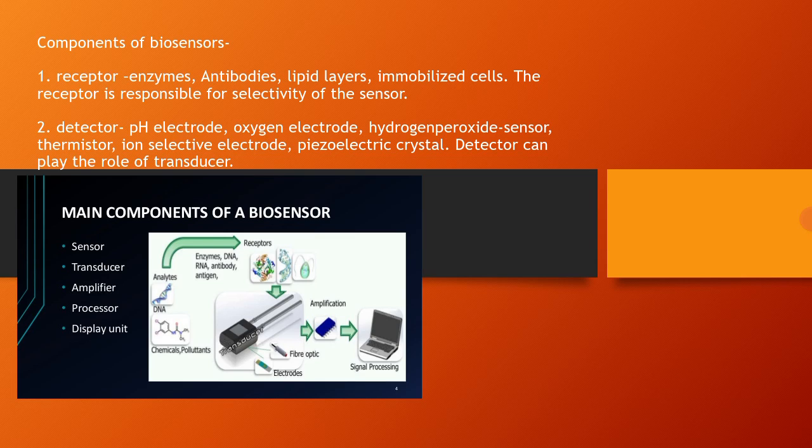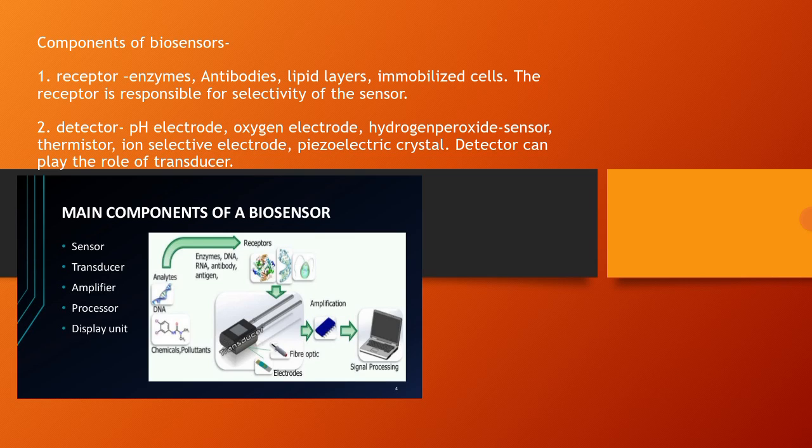So biosensor will contain a sensor. Okay, that is our biological molecule, that is the sensor, because that is used for sensing, right? Sensing the signal. So that is the sensor, then transducer, then amplifier, processor, and the display unit.